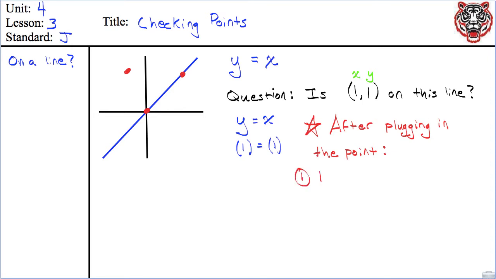Option 1: both sides are equal. And that's what happened in this case. 1 equals 1. If both sides are equal to each other, that means it is on the line.